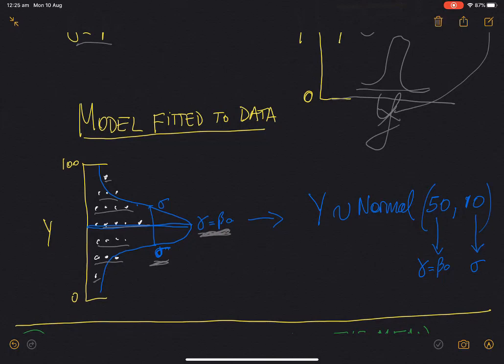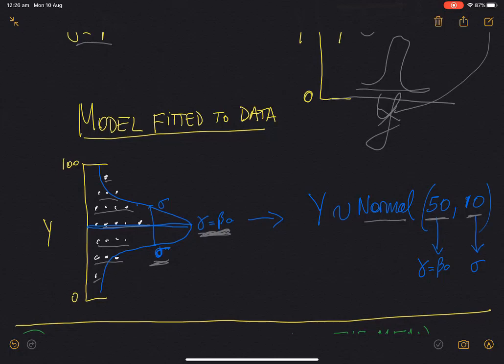So then we say that the random variable y takes values, or the probability of taking those values is determined by a normal distribution with a mean of 50 and a standard deviation of 10.